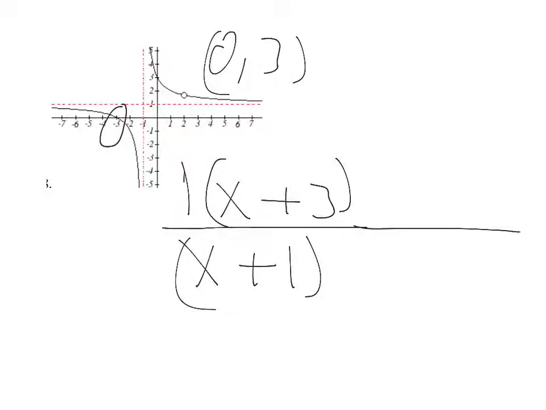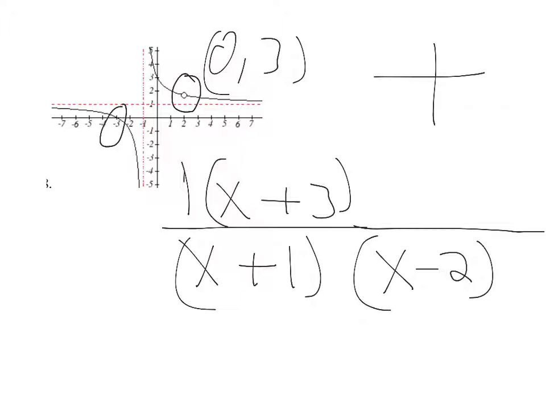Now, the only other thing I haven't dealt with is this hole. Well, if there's a hole, that tells me the function is not defined at x equals 2. So I'm going to have to put x minus 2 in the denominator. And I also know if I just have an x minus 2 in the denominator, this should be a vertical asymptote at +2.